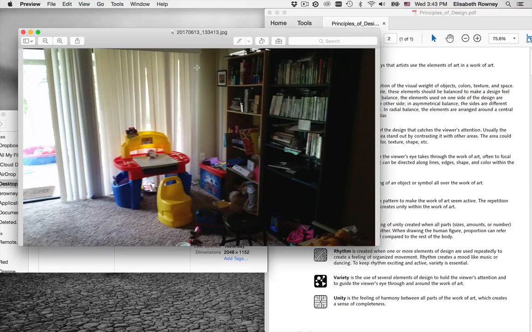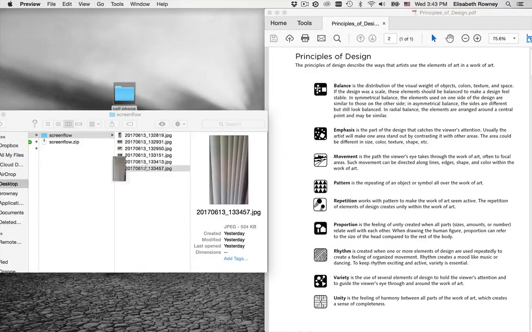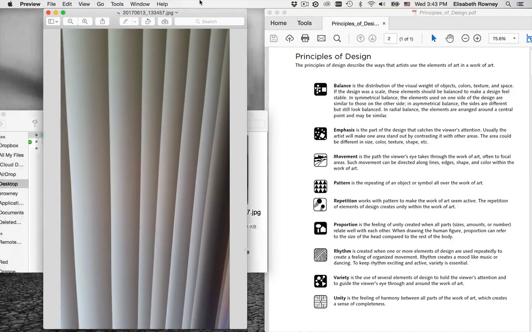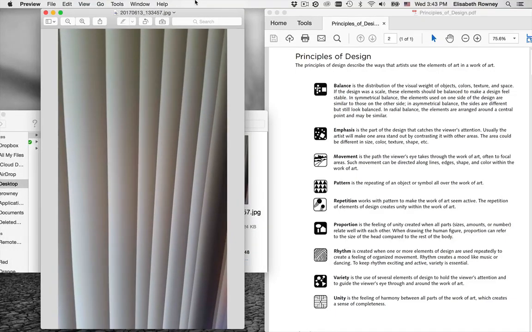So, for example, if you were to take an image similar to this, and what you were really trying to capture were these blinds as another use of repetition, right? This is what I would actually be expecting from you. See how I moved in a lot closer? Okay? So right here, again, you have the use of repetition with the blinds.